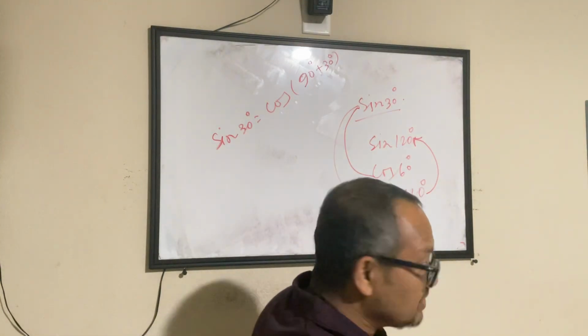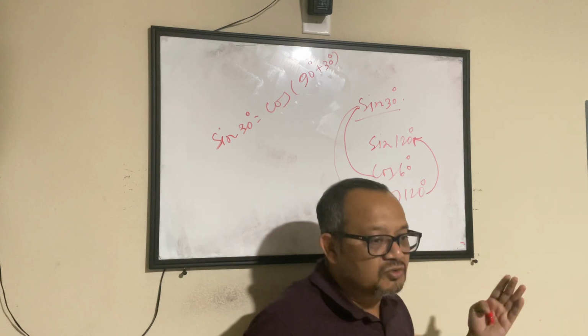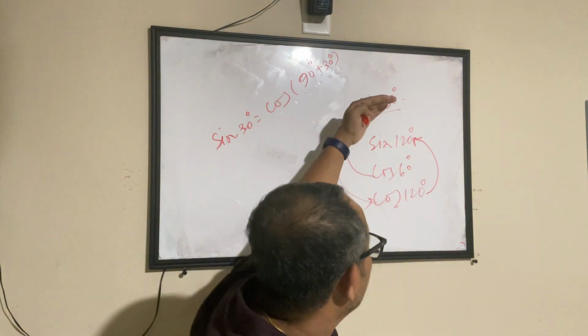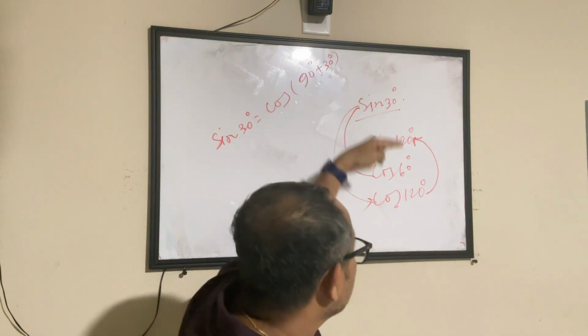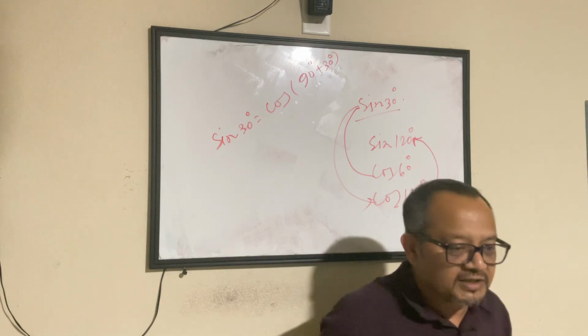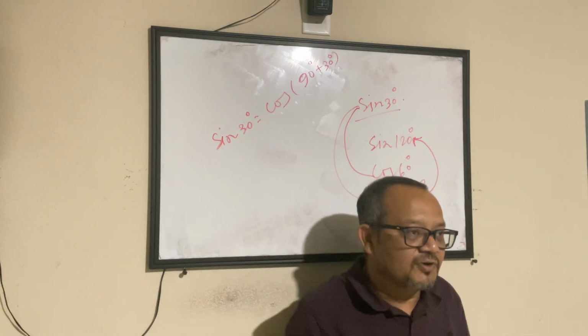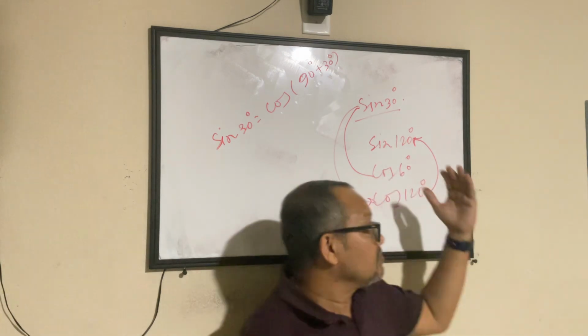So it actually widens our ability to derive the value for different angles if you know one of them, and all that correlation helps you. Without memorizing the value for different sine or cosine or tan, you should be able to derive it.